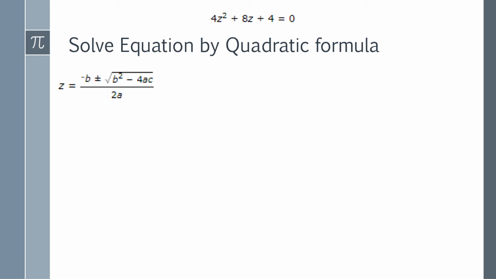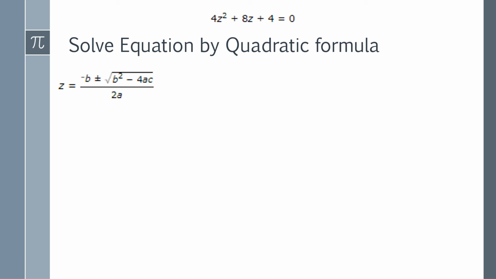X equals the opposite of b plus or minus square root b squared minus 4ac all over 2a. It gets creepier when I sing the song, but that is a fast way to remember the quadratic formula.